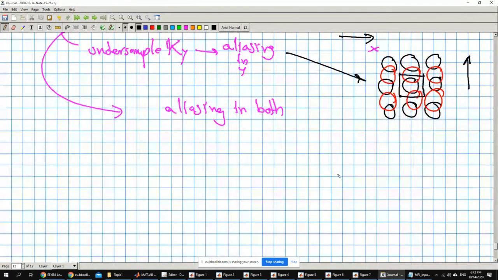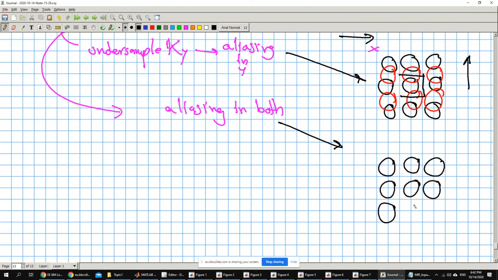Basically, if we have both, what is going to happen is that you're going to have aliasing in this direction, and also aliasing in the other direction.